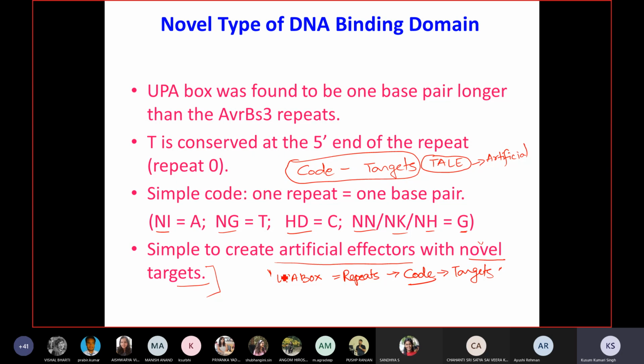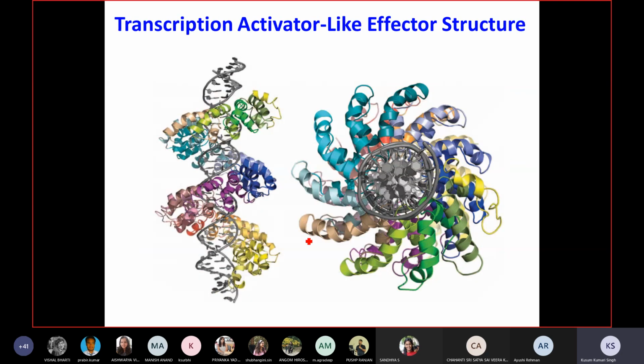And soon after this work on UPA boxes, people started working on the crystal structure, and the structure looks something like this. What you see here is a novel way of DNA binding domain that has been deduced with the help of the crystal structure. Two independent groups, Moscou and Boch, both in 2012 I think, were able to deduce the whole structure.